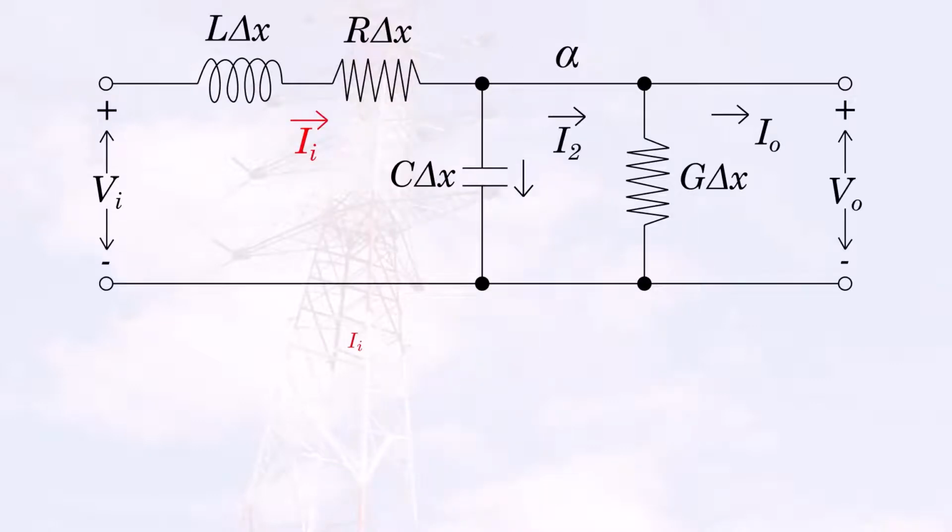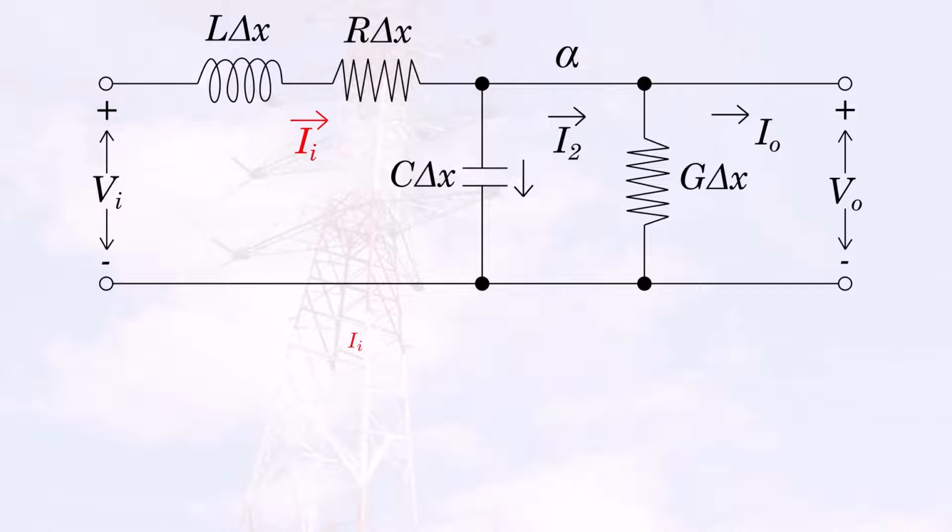Okay, now in a similar way we can have a node analysis in which we will use the currents. So we can imagine this circuit now as having an input, but this time the input will be the current. So in this first branch, which includes L and R, there will be a current I once again, and we will have to make an algebraic sum of the currents.